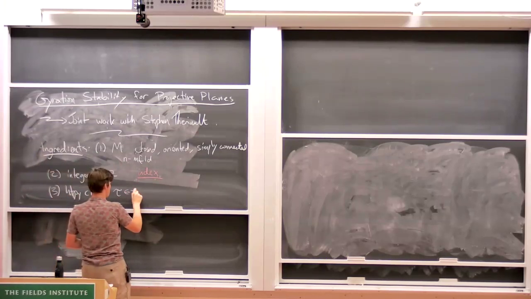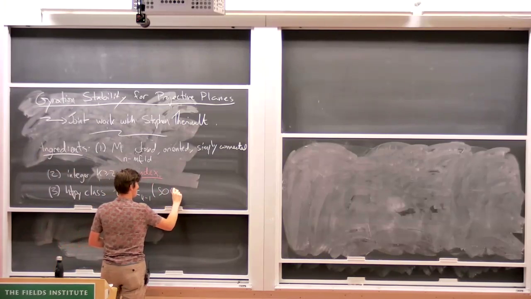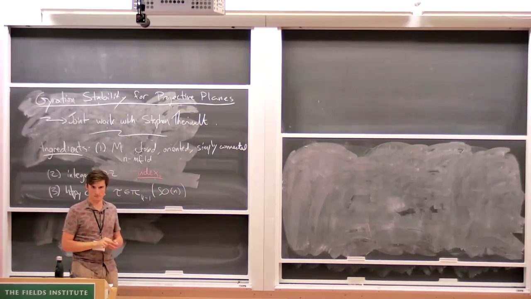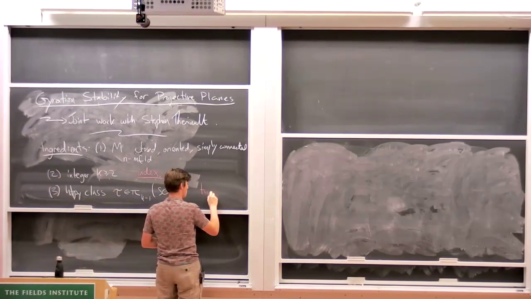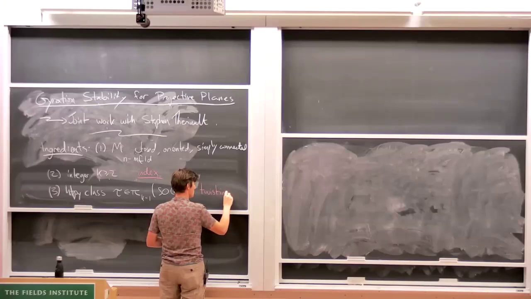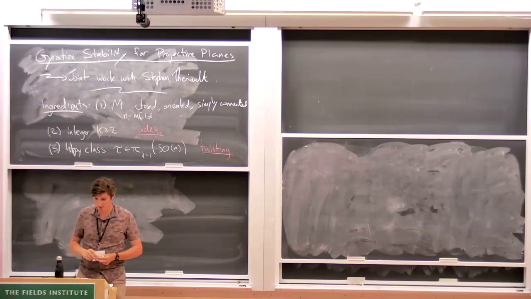This lives in pi_{k-1} of SO(n), and we call that the twisting, for reasons which will become apparent.